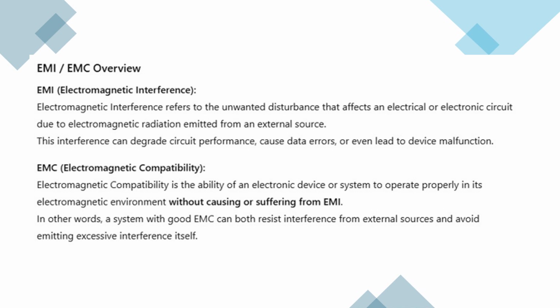Then electromagnetic compatibility, EMC. It is the ability of an electronic device or system to operate properly in its electromagnetic environment without causing or suffering from EMI. So this will give you a buffer zone where your device can work even if some electromagnetic interference radiations are there.